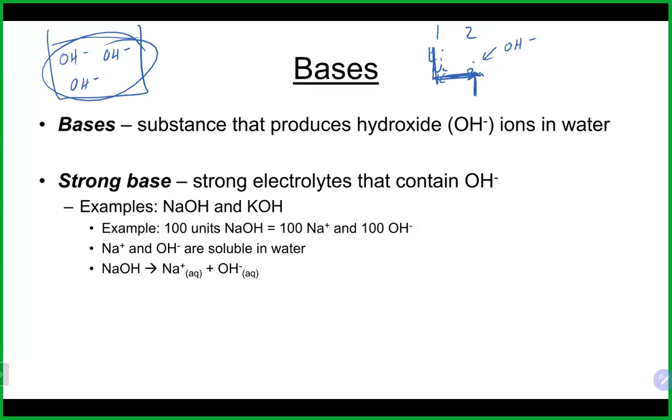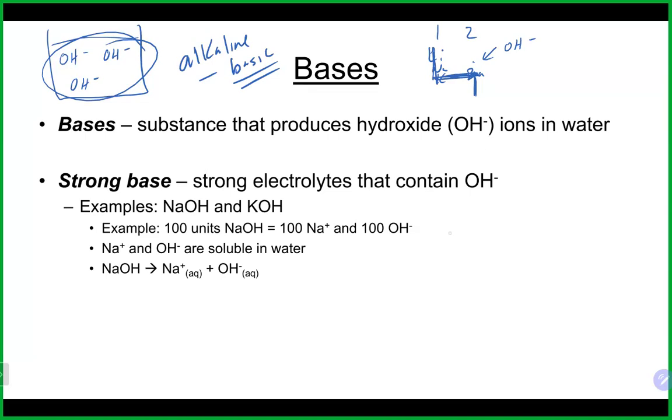That is because group 1 is the alkali metals, group 2 is the alkaline earth metals, and the word alkaline means basic, pretty much. So a lot of our strong bases come from group 1 and 2: lithium, sodium, potassium, calcium, barium, strontium, together with hydroxide in the actual formula.